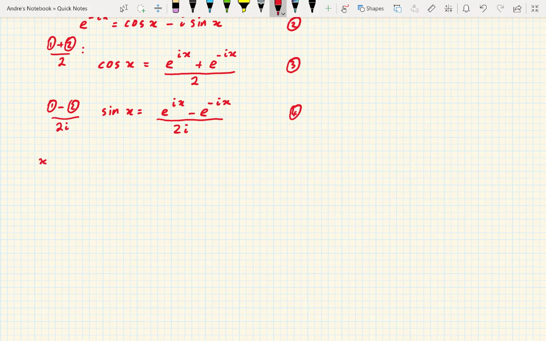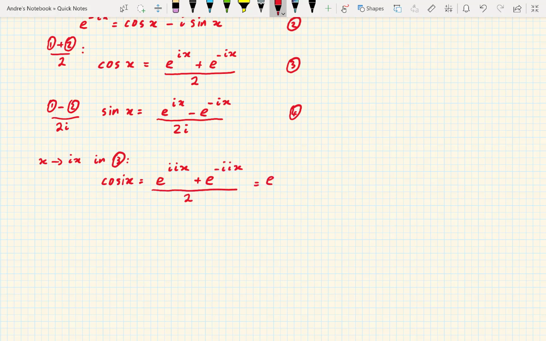Now we replace x by ix in equation 3 to give cos ix equals e to the i squared x plus e to the minus i squared x on 2, and this simplifies to e to the x plus e to the minus x on 2. This tells us that the cosine of an imaginary number is real.